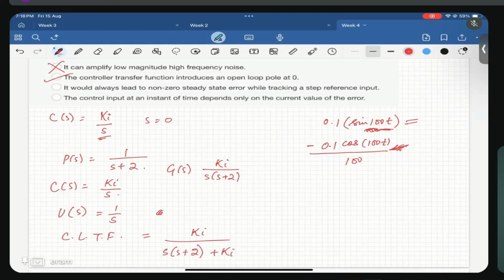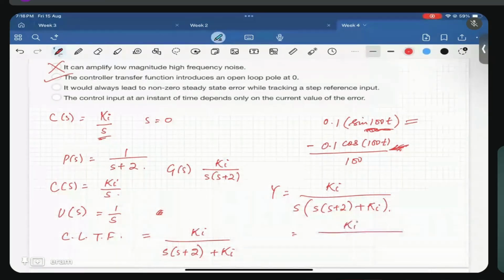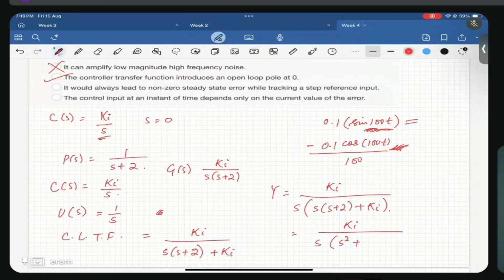Now you are providing a step input, so Y(s) will be ki divided by s(s square plus 2s plus ki).